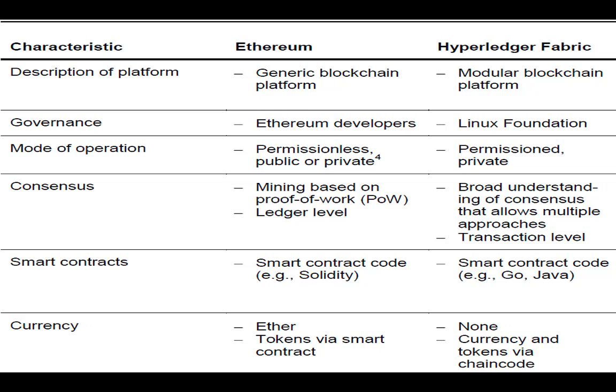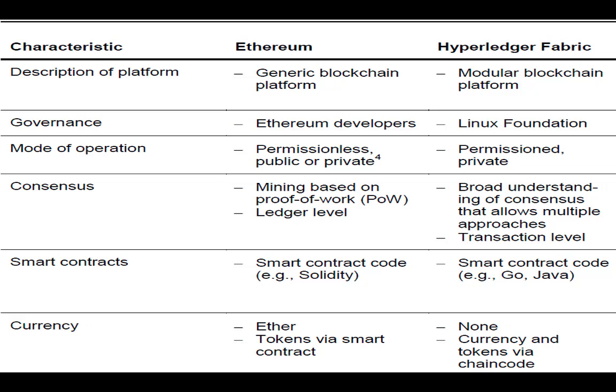The smart contracts are available in both, but Hyperledger allows you to write this code in any generic language that you want. It's basically a piece of code that needs to execute some business logic.